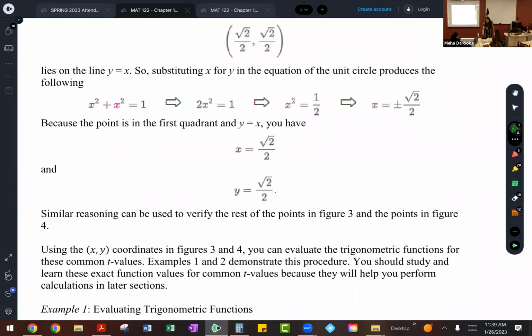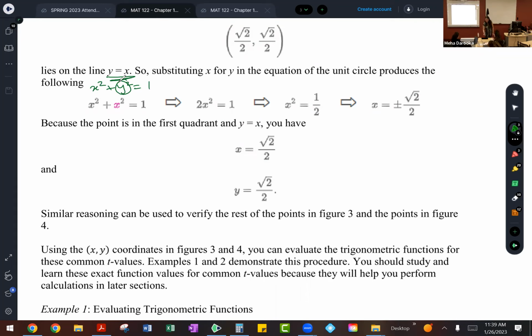So instead of x squared plus y squared equals 1, we replace y squared with x squared and simplify: x squared plus x squared adds up to 2x squared.